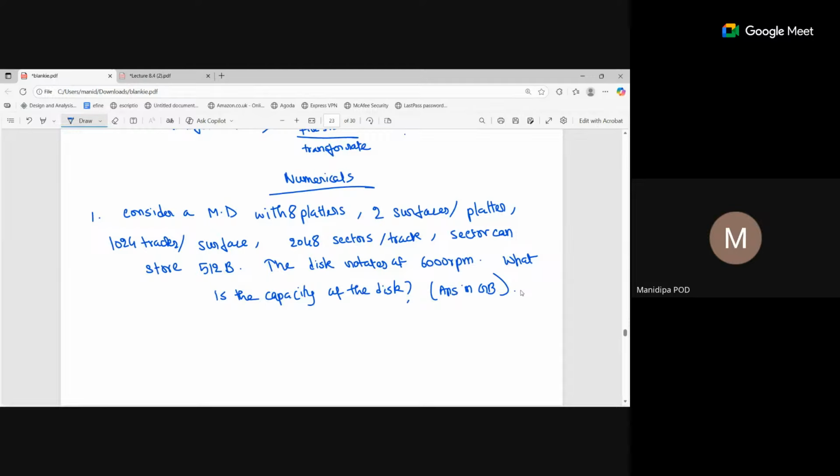Just take 2 minutes, see the formula and solve this. If anyone has the answer, you can tell me. Did anyone get it?